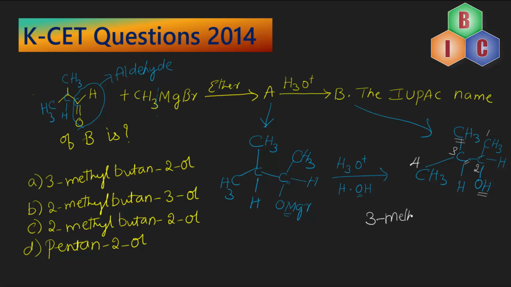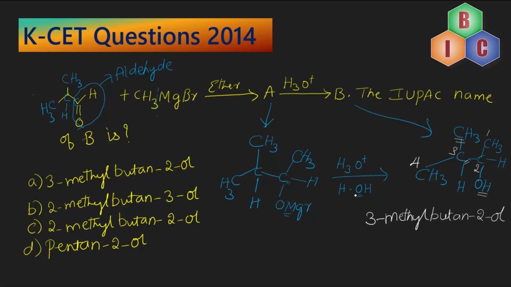3-methyl, and you know that there are 4 carbon atoms and they are saturated. So butane. And what else is there? For the second carbon atom, there is OH. So butane 2-ol. 3-methyl butane 2-ol.